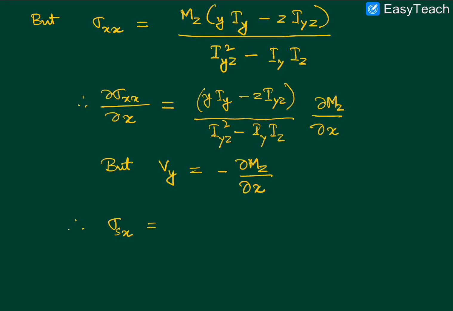sigma sx is equal to minus integration 0 to s del sigma xx del x ds, so that is going to be equal to integration 0 to s Vy.